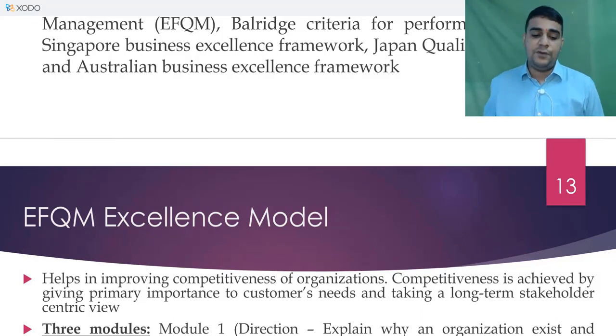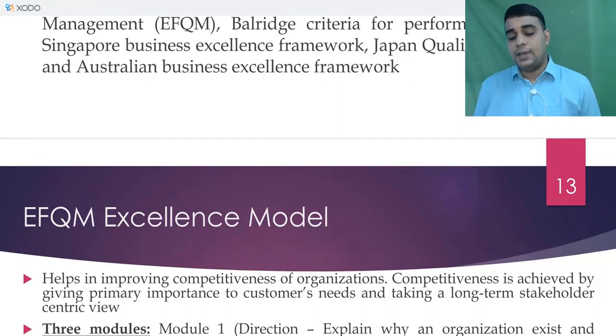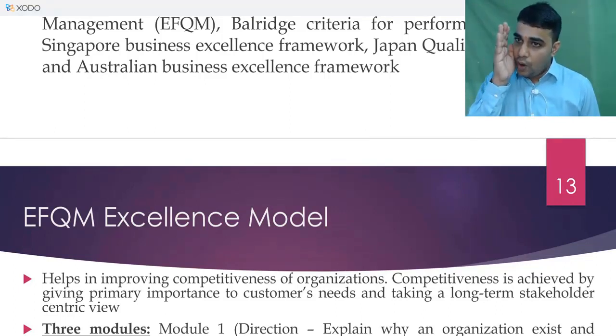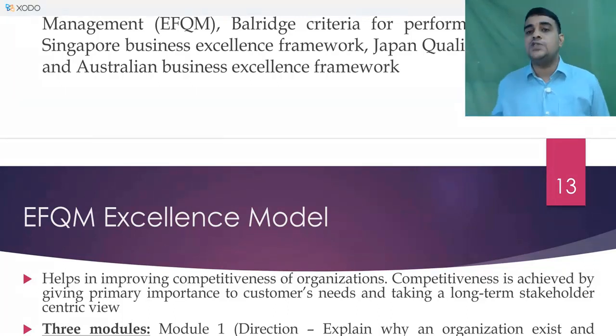Competitiveness is achieved by giving primary importance to customer needs and taking a long-term stakeholder centric view. Just focusing on shareholder alone will not help. If you just focus on shareholder, you can get returns in that year, but getting returns in multiple years may not be possible.